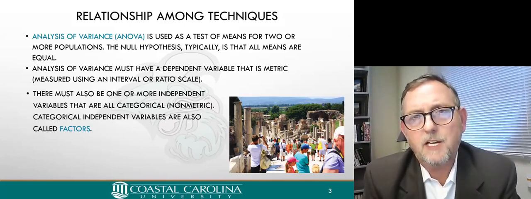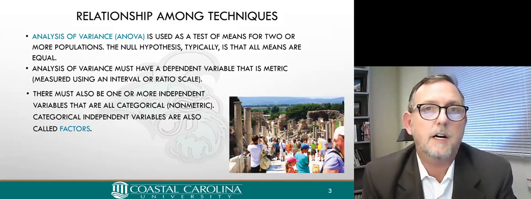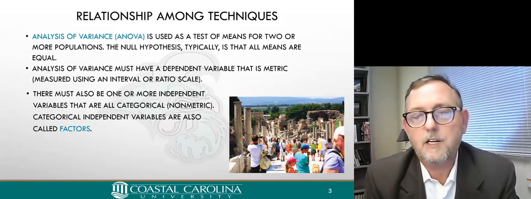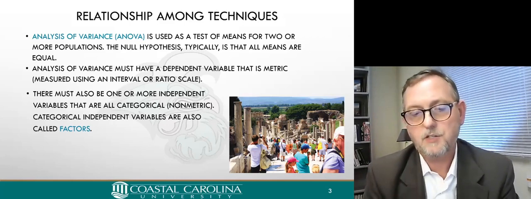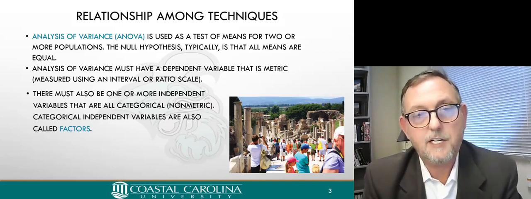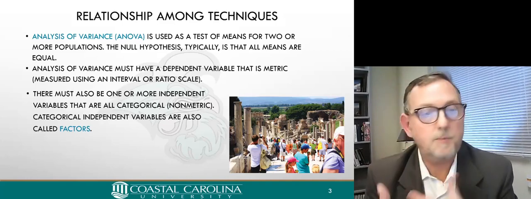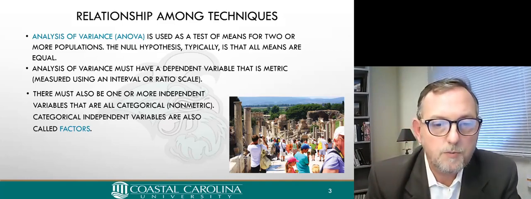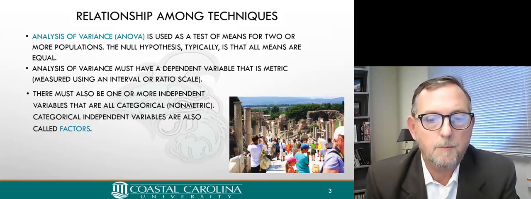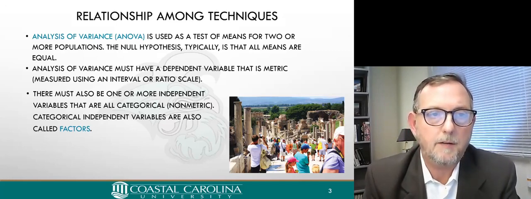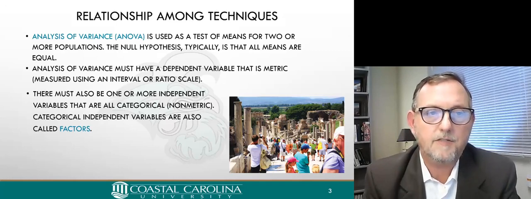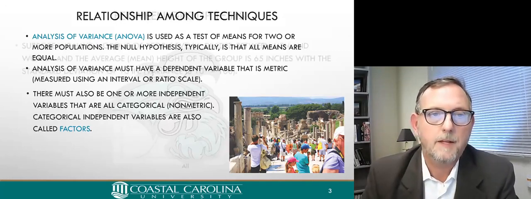The metric data, we might call those factors. That's another term that you're going to hear. But essentially, we look to take our subjects and then split them up into a couple different groups. And by splitting them up, we are able to identify key differences between them.